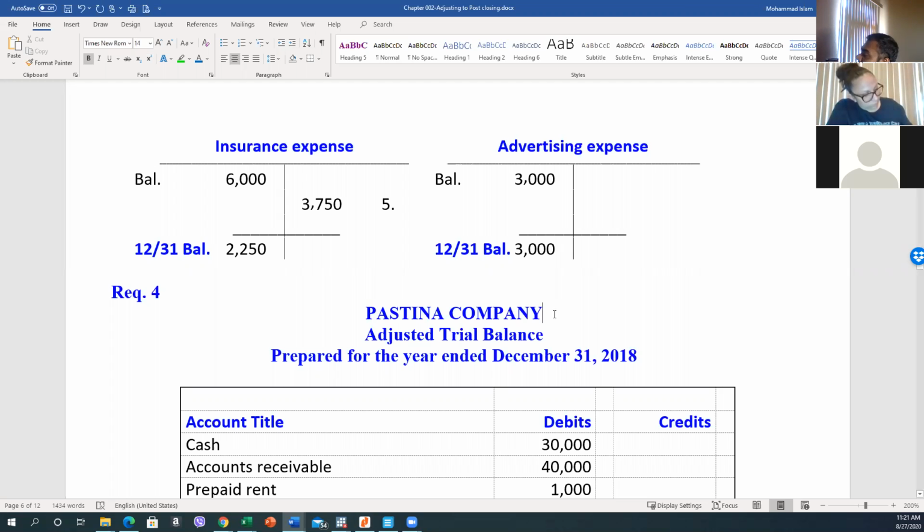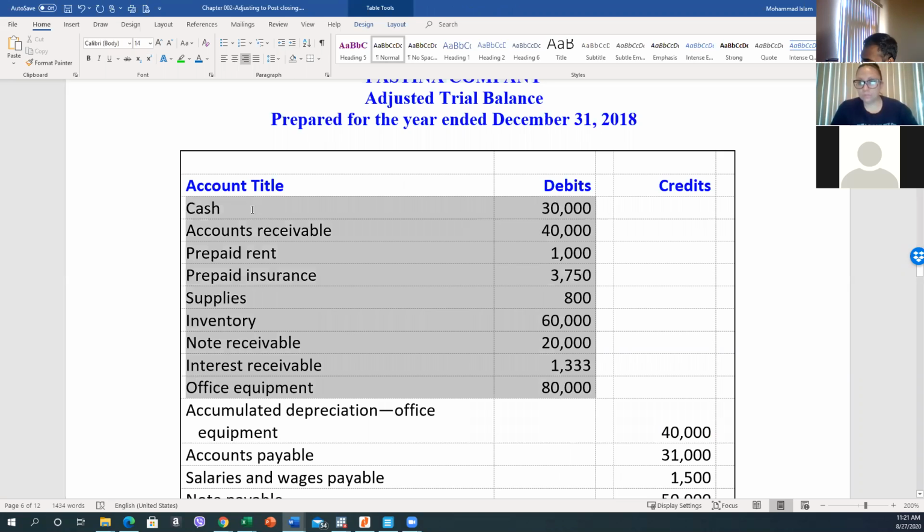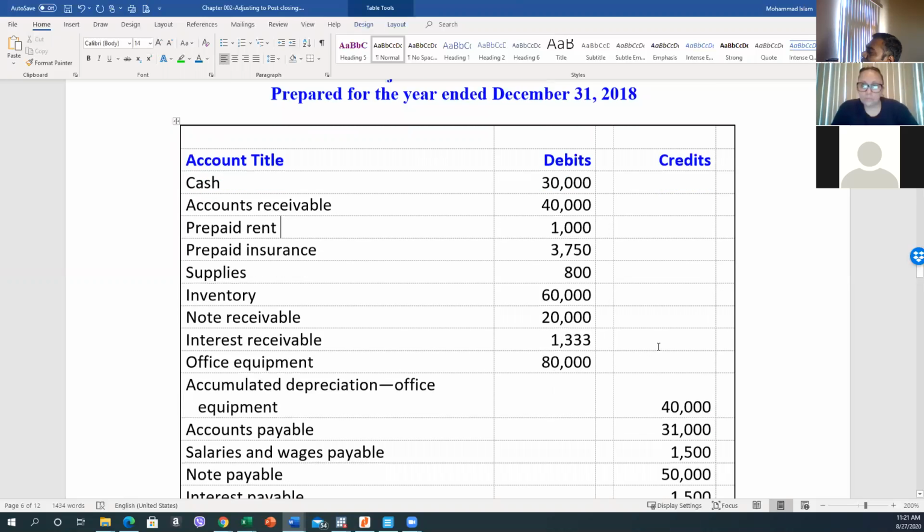See, cash has a debit balance, so posted on the debit side. In the same way, all the accounts that have debit balances over here, we know that the dividend, expense, and assets have the debit balance, so we have posted them.